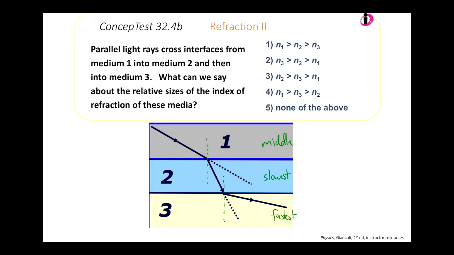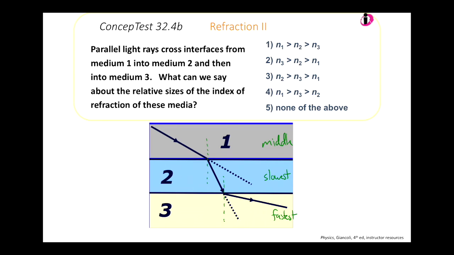If it bends away from the normal in that medium, it's going faster than in whatever it came from. So if it bends more and more, the faster it must be traveling in that material. So apparently it's moving way faster in 3 than it is in 2, because of how far away from the normal it's bending. And 1 is somewhere in the middle.